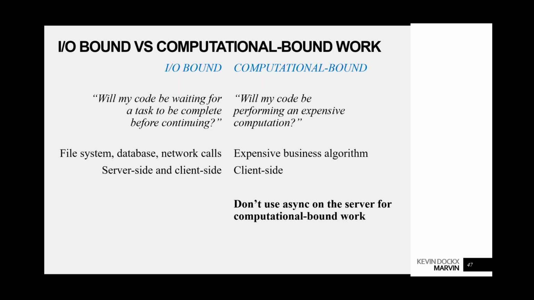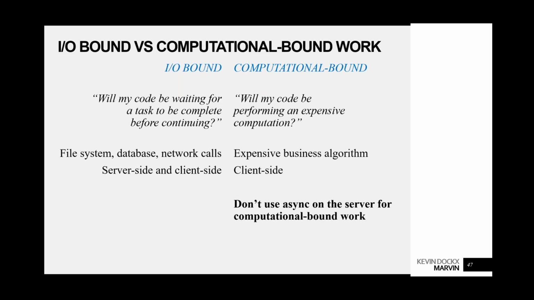Do not use async on the server for computational bound work, even though it's something that I would tend to do. It feels like something to offload to another thread, or something to try and offload to another thread. It's not actually possible.